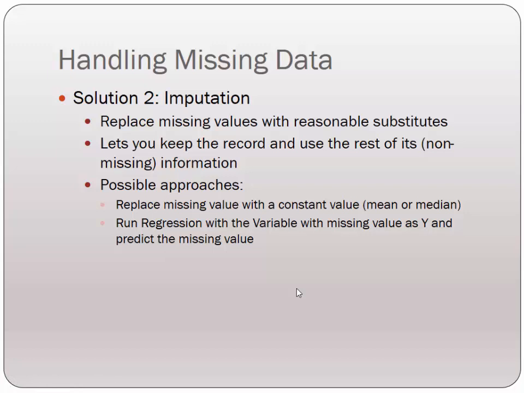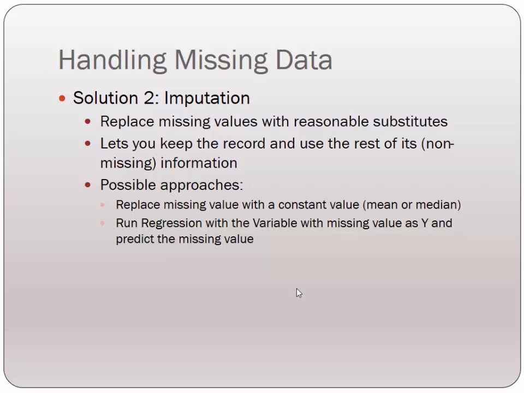One way of imputing is to compute the mean of that column. Suppose experience is missing, you compute the average experience for that column and put that average wherever it is missing. That's a reasonable approach.